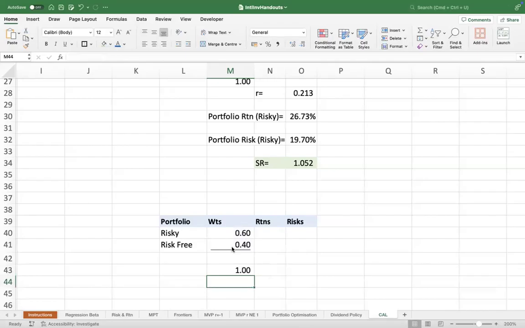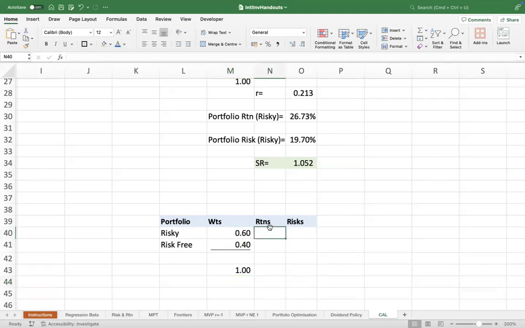When we are constructing the capital allocation line, I told you the crux is that all portfolios on the CAL, which is the capital allocation line, are optimal portfolios. Which means when we combine the risky assets with risk-free assets, we have to take that combination of risky where our Sharpe's ratio is maximized and the portfolio is optimal.